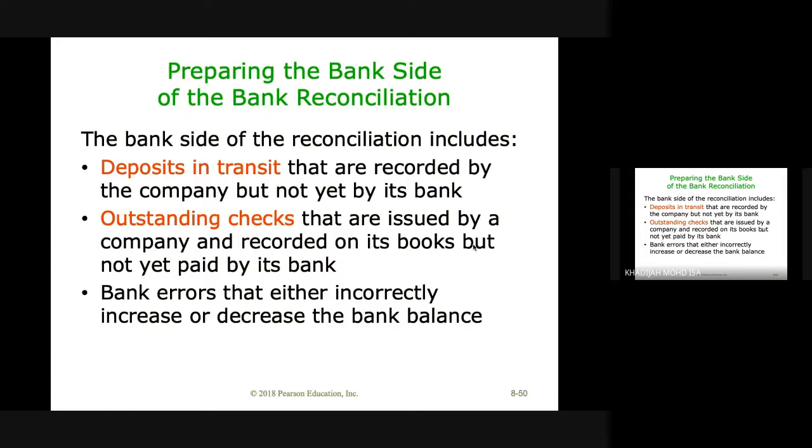So the bank will not have this recording of the outstanding check. You will only know the differences on the deposit in transit and outstanding check when you compare your bank statement and your cash account. And then we also have bank errors that either incorrectly increase or decrease the bank balance.